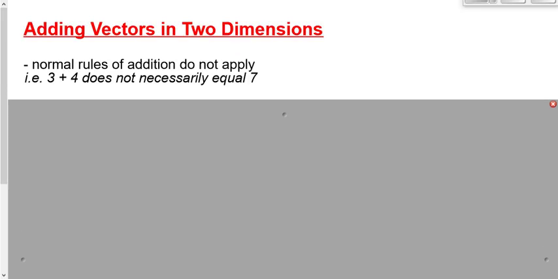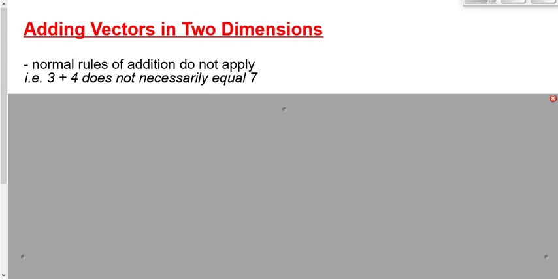Today, what we're going to learn to do is add vectors in 2 dimensions, where 3 plus 4 does not necessarily equal 7, like adding scalars in grade 1. 3 plus 4 does not necessarily equal 1 or minus 1, like adding vectors together in grade 6, but rather maybe 3 plus 4 could be equal to 5, or conceivably even some other number.